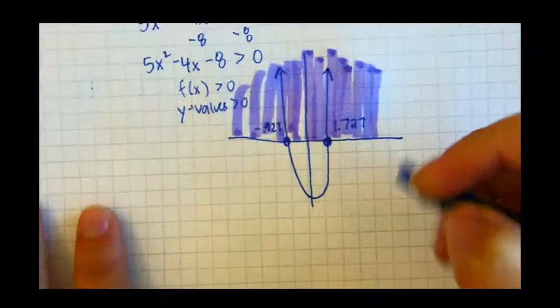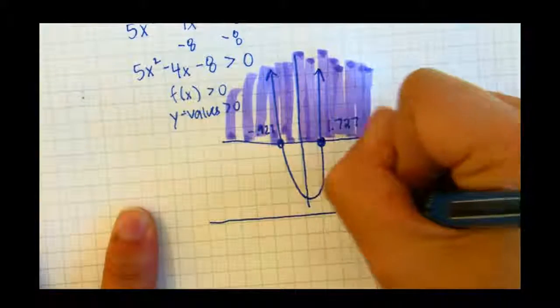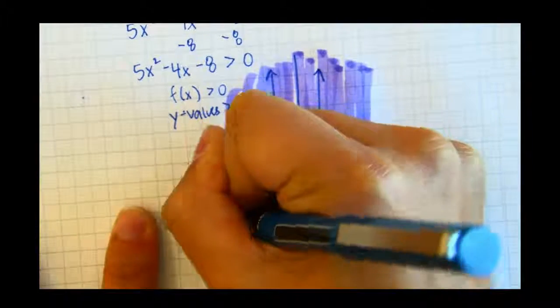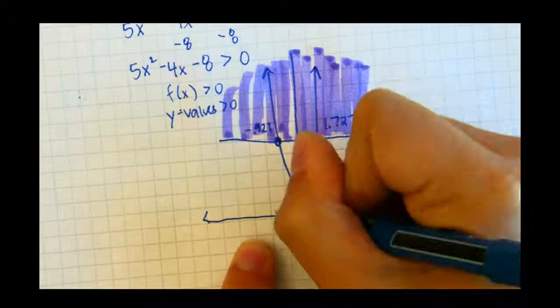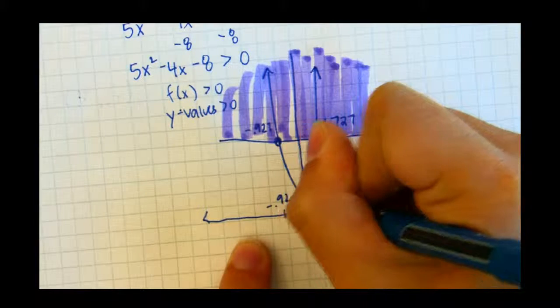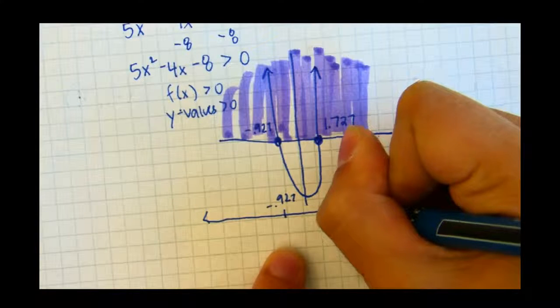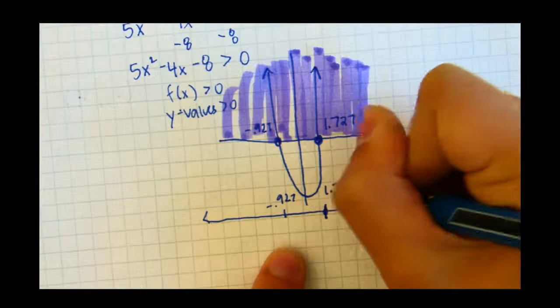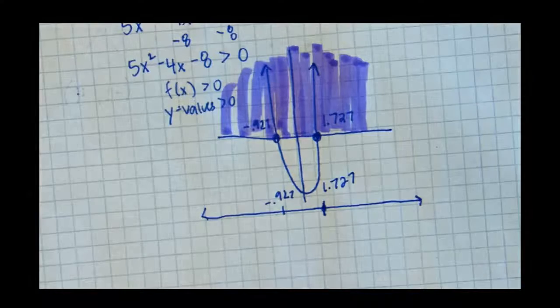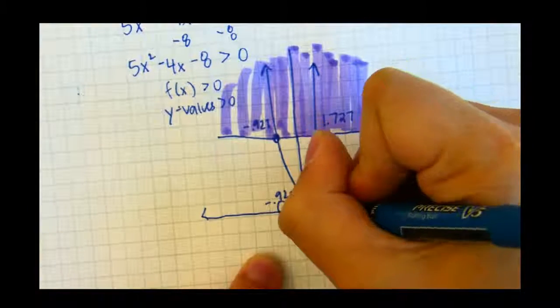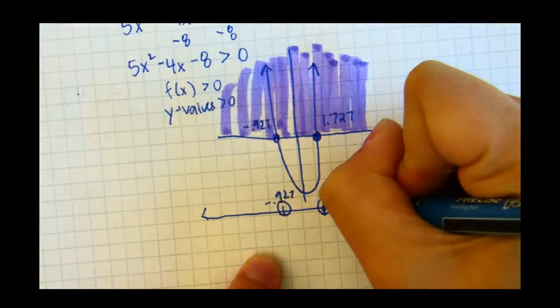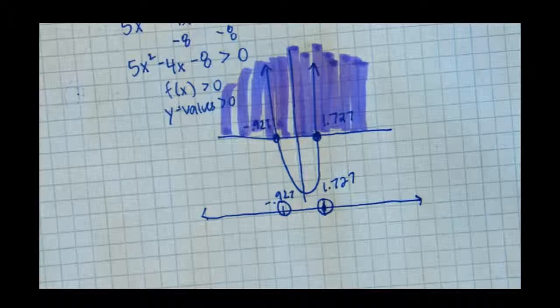So let's go ahead and graph this on a number line right below. The two values that I care about are negative 0.927 and 1.727. Because they cannot equal 0, again I'm going to put open circles at both of these values. Now I want to think about my shading, and this one's a little bit trickier.